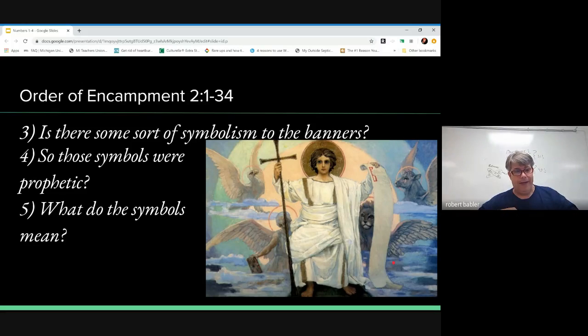So what do the symbols mean? Well, that's a good question. The 4 symbols can denote, aside from just some sort of prophetic thing, if you go to Ezekiel, could mean with reference to those banners and kind of the symbolism of the Exodus and so forth.